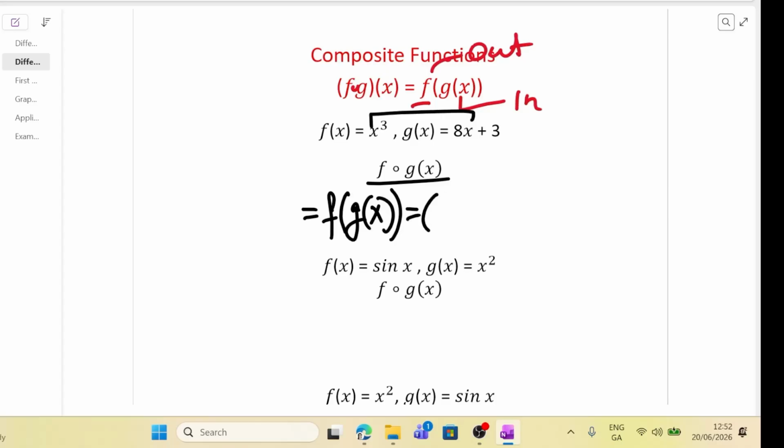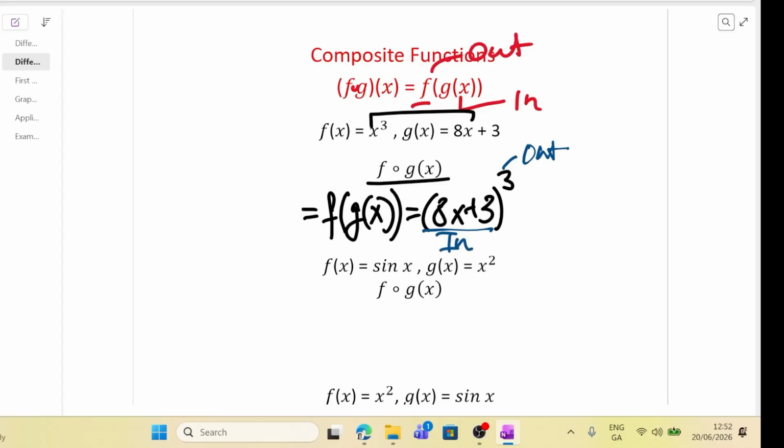So instead of x, I put 8x plus 3 to the power of 3. And then here you have two functions. The outside is my power. So this is my outside. And the one that I have in here, it's my inside function.